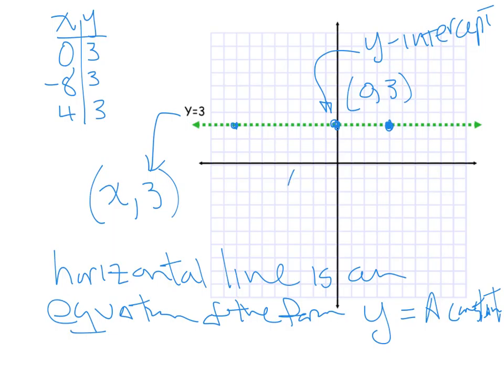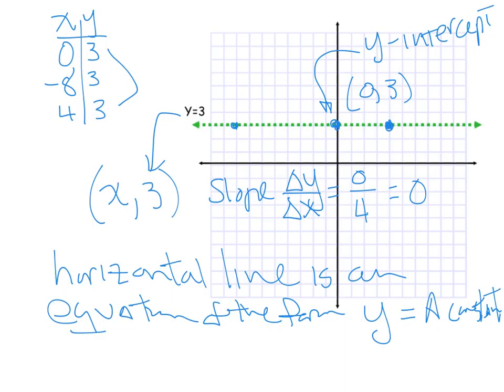You're going to find that the change in y over the change in x is going to be 0 over any number that you choose. If we go from the first point to the third point, the change in y is 0, the change in x is 4. What's 0 divided by 4? It's 0. So the slope of a horizontal line is 0, which makes perfect sense because it's flat. It has no tilt to it. So calling it a 0 slope is a perfectly legitimate thing to do.